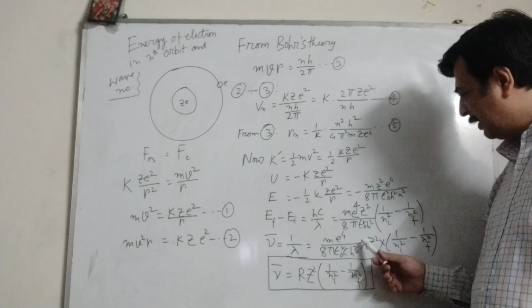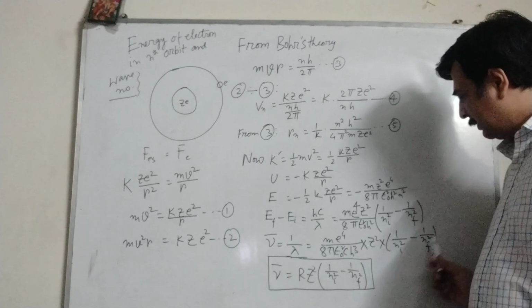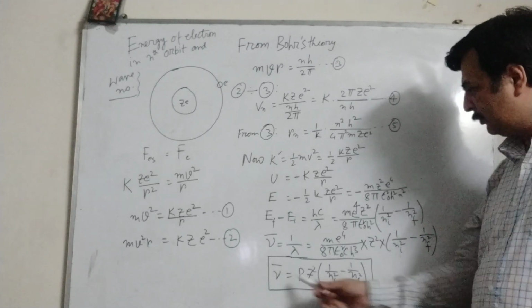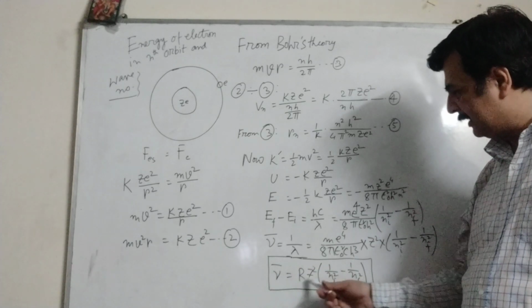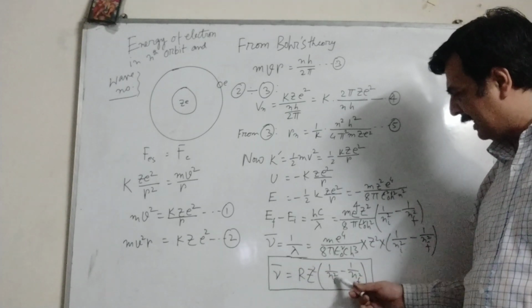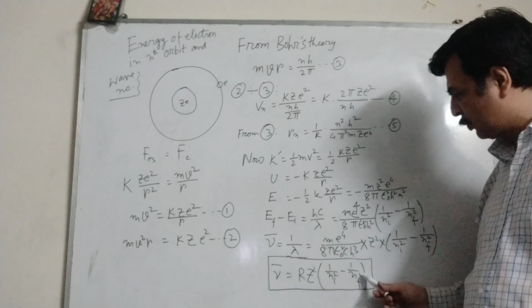So that is R into Z squared, this bracket. Then we get nu bar, the wave number, equal to R Z squared within bracket 1 by ni squared minus 1 by nf squared.